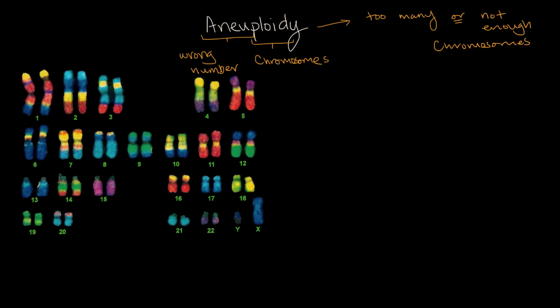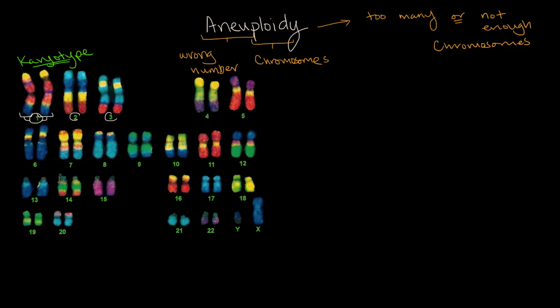Okay, so just as a reminder, this is a karyotype. And this is when a lab technician will lay out all of the pairs of chromosomes from a fetus or a baby. So this would be chromosome 1, and you receive a pair of chromosomes from your parents, one from your father and one from your mother.